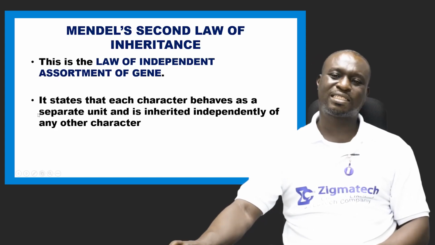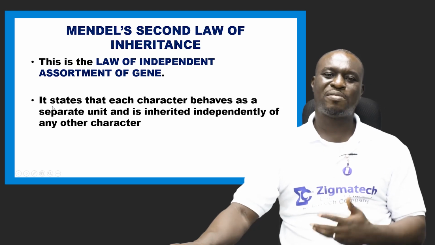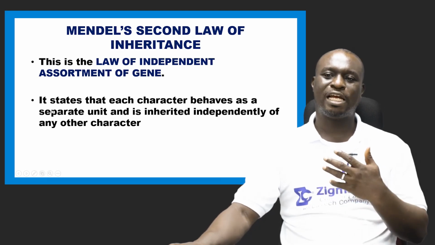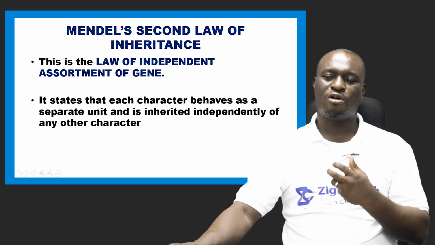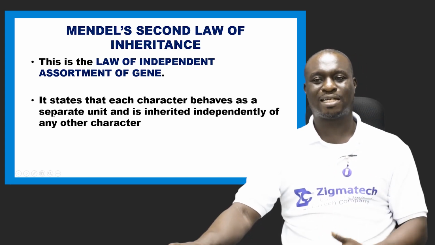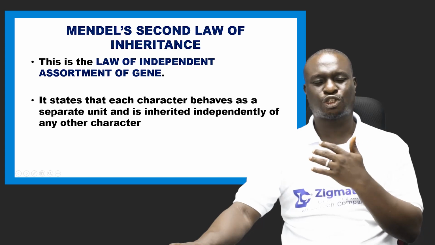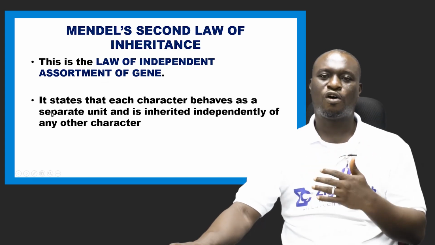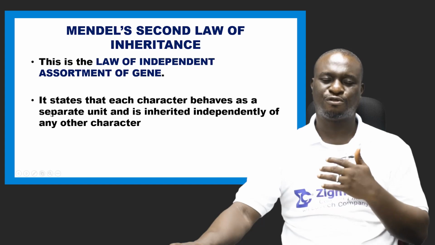Now, based on this experiment he carried out, he came up with a law, which is the second law of inheritance. This law can also be referred to as the law of independent assortment of genes.